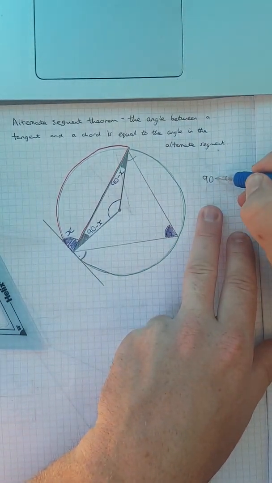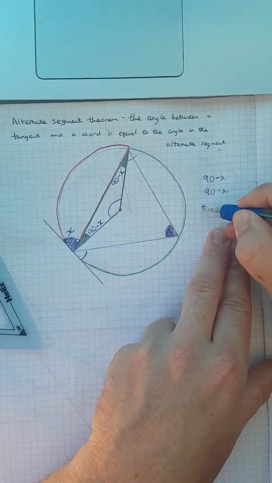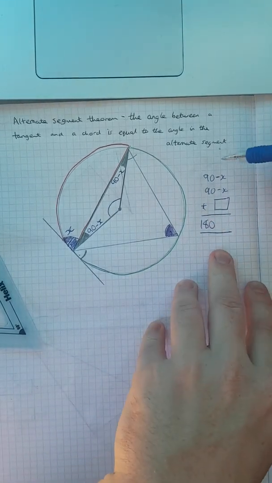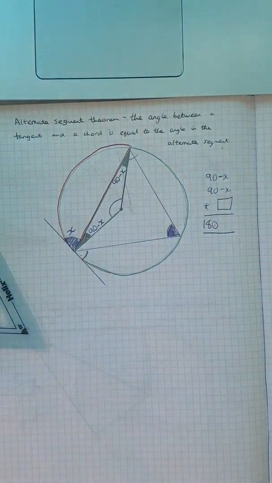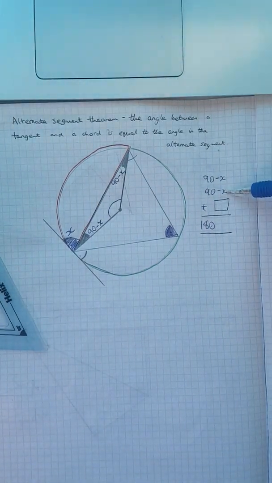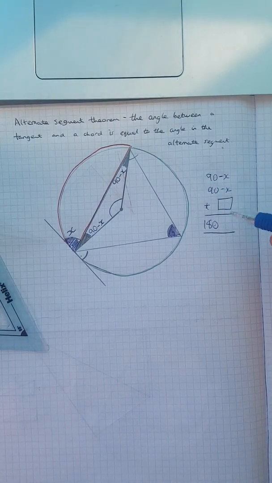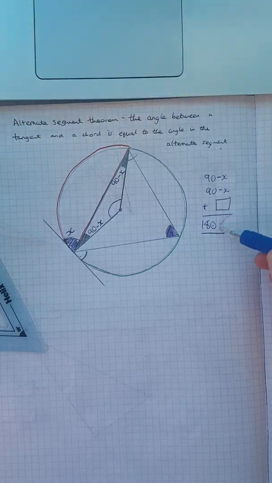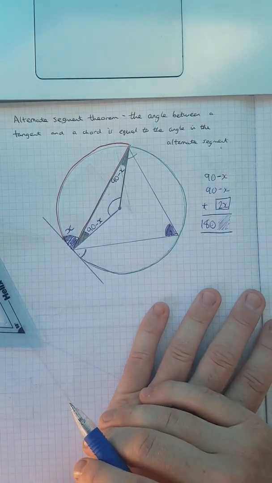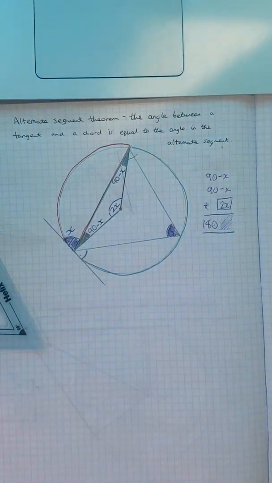So I've got 90 minus x, add 90 minus x, add something, makes 180. Well, 90 add 90 makes 180, so we're already doing really well. Minus x and minus x makes minus 2x. So to get back to the answer bit, which here you can see has no x in it, I'm going to have to add 2x, which means the missing angle here is 2x.